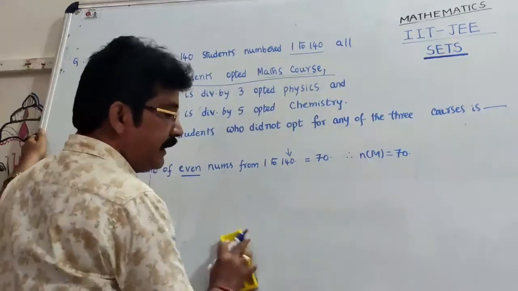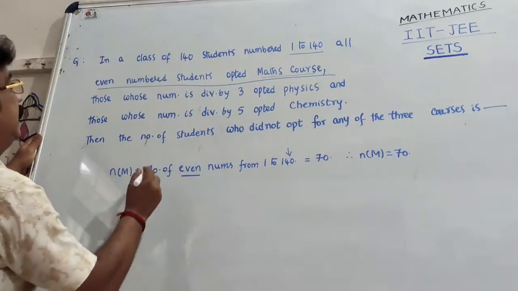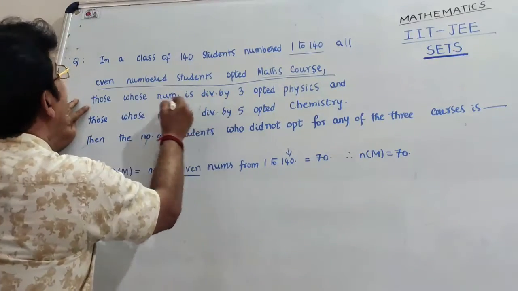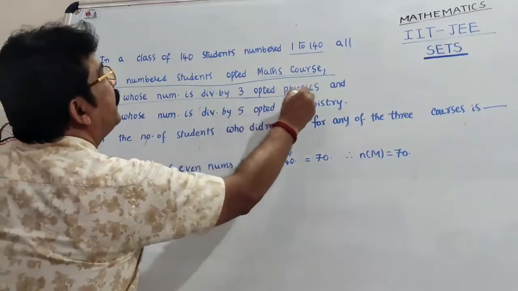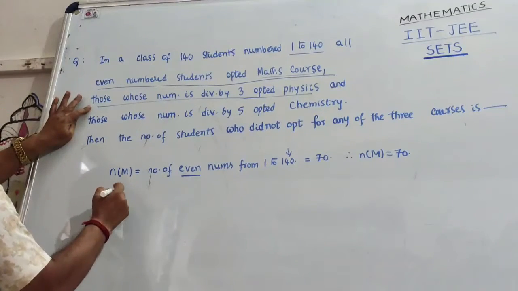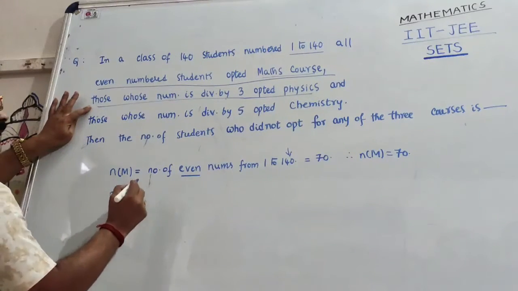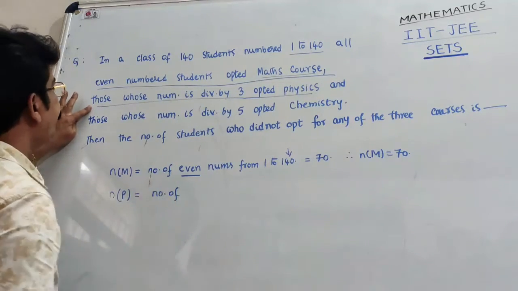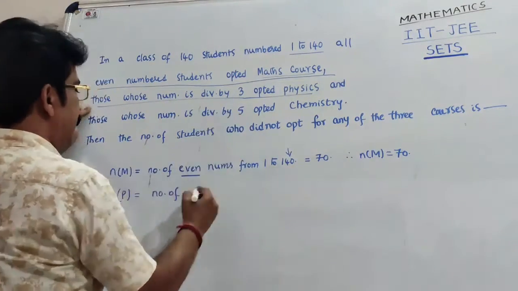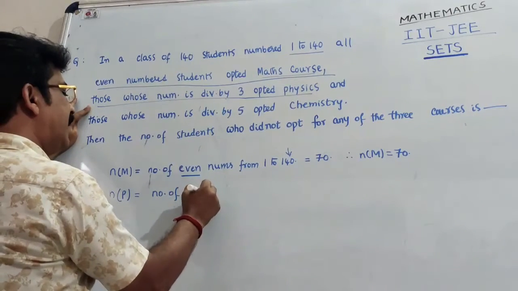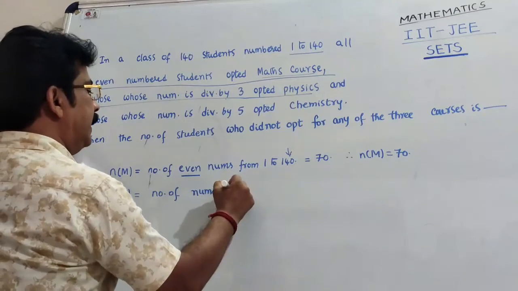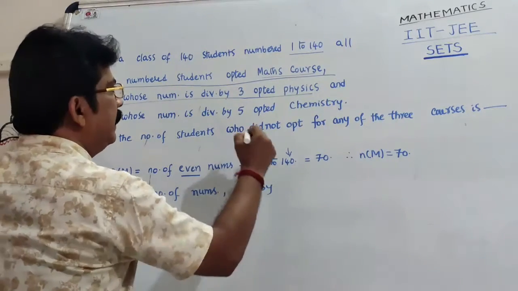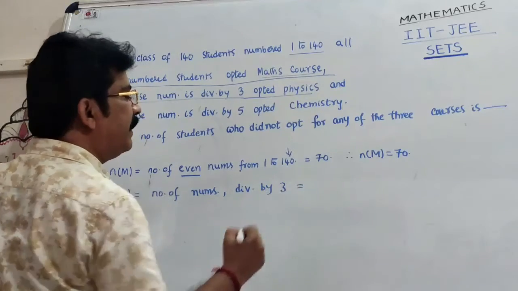Right? Did you understand? Next, those whose number is divisible by 3 opted for physics. So how can we find n of P? Tell me. N of P means the number of numbers which are divisible by 3.